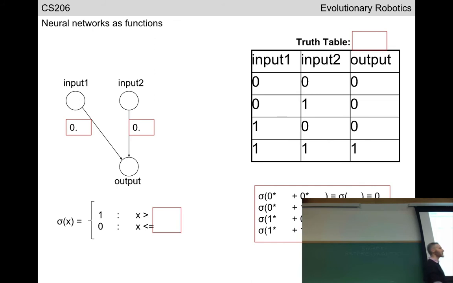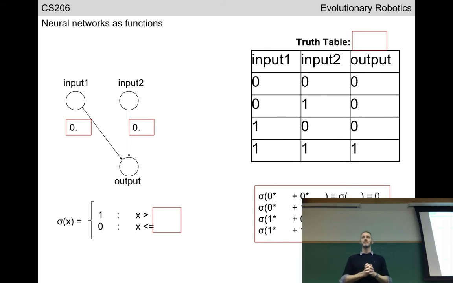If it's below the threshold, we're going to set the output to 0. Okay? You also have to pick a second and a third number, which are the synaptic weights of these two synapses that connect the two presynaptic neurons to the one postsynaptic neuron. Turns out there are many triplets of numbers that will instantiate the AND function.